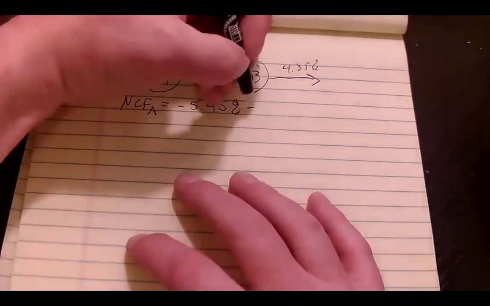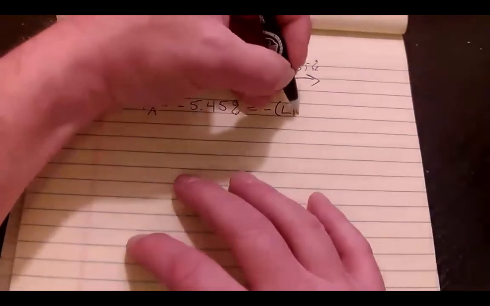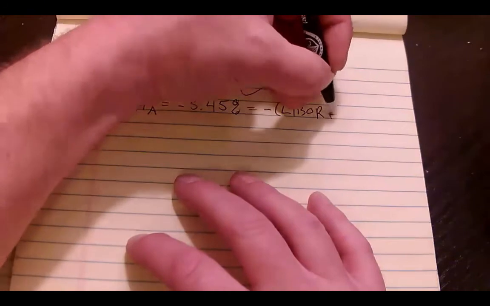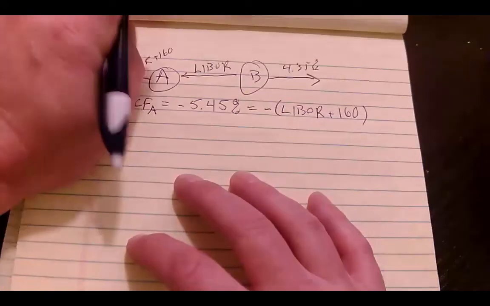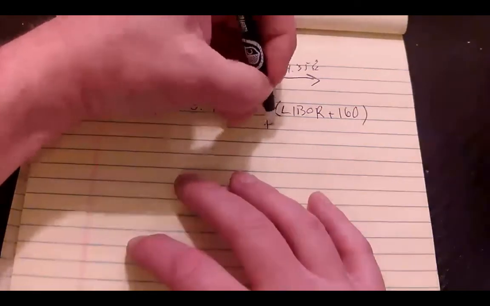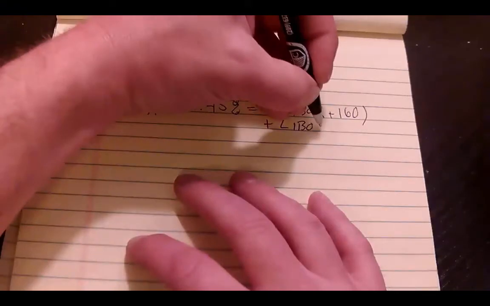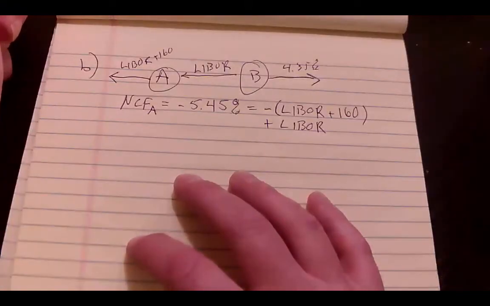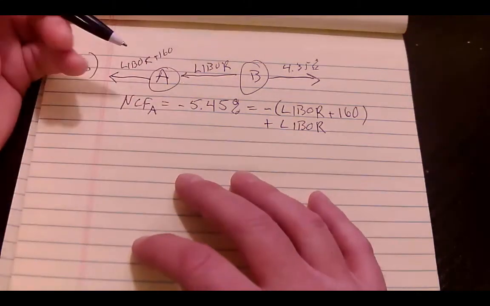And that's going to be equal. We know that A is already paying LIBOR plus 160, or 1.6%. And we know that they're going to receive LIBOR from the swap contract, and they're going to pay a fixed payment to the swap contract. And what fixed payment makes it so that their net will be 5.45?